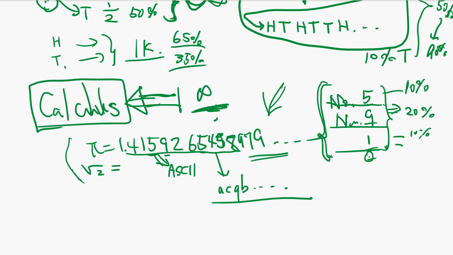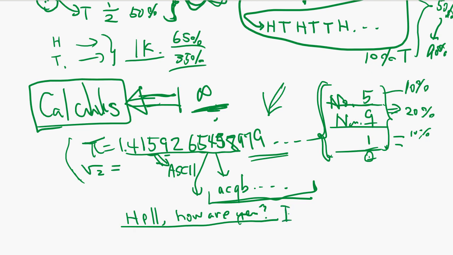Then you may find a series of numbers that happens to be "hello, how are you?" Convert the number to ASCII code, "I'm God," something like that. You have a chance to find this kind of sentence embedded into this number, right?